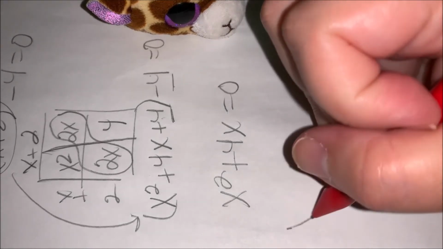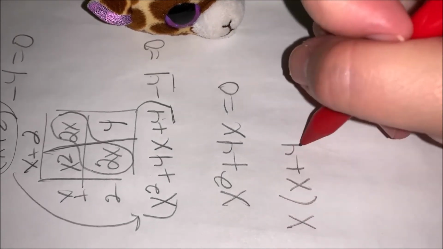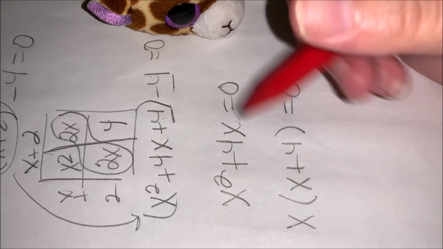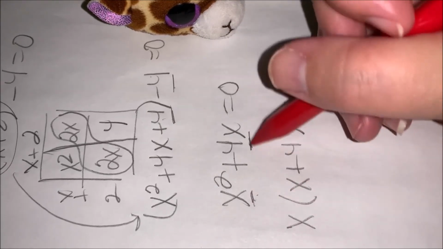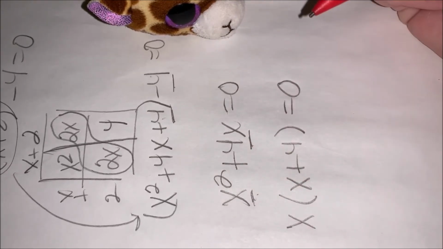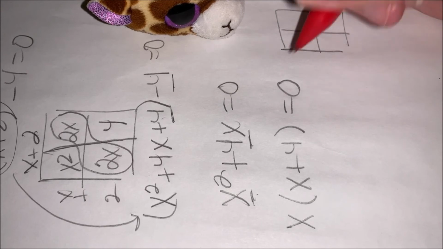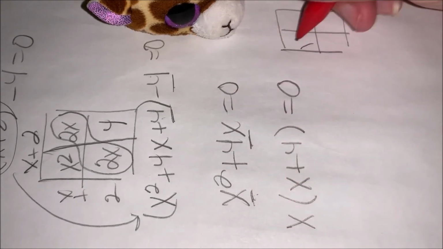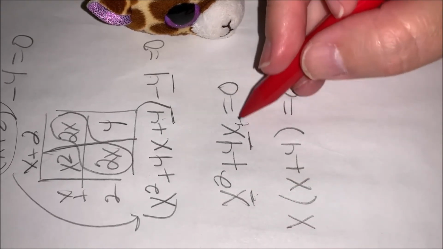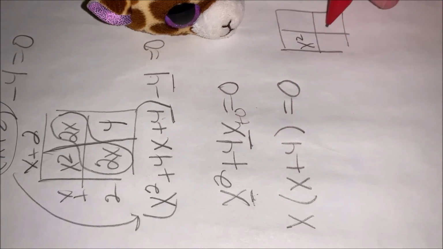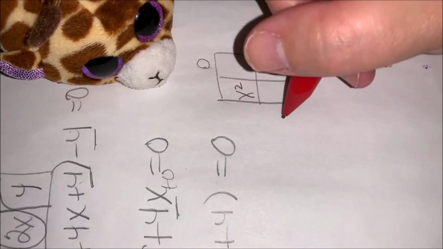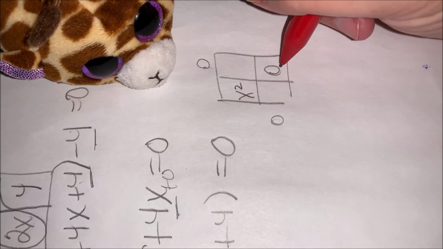Look at this. I see these both have an x in common, so I can factor this. How would that look over here? I knew that I had an x squared, and this is plus 0. I know that 0 times 0 is 0, right?